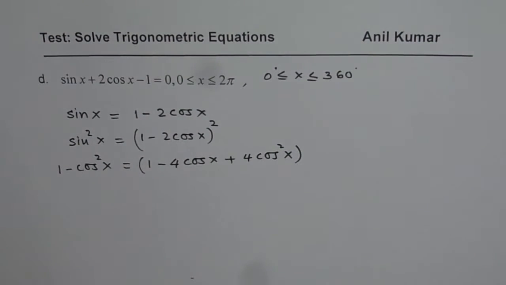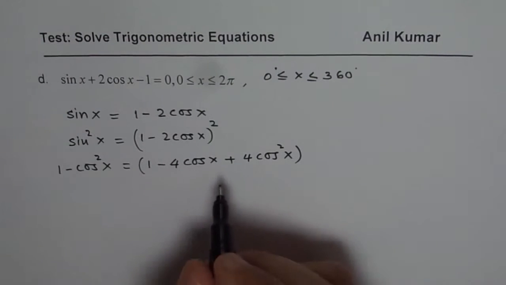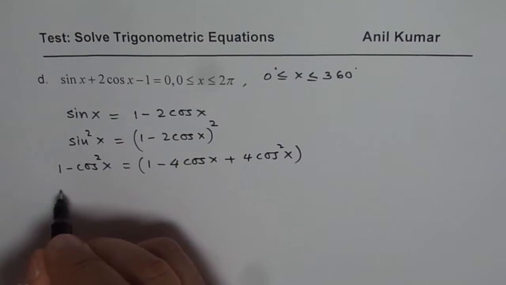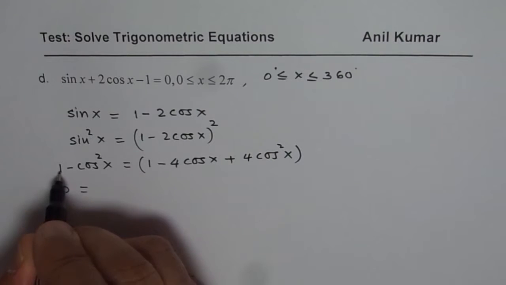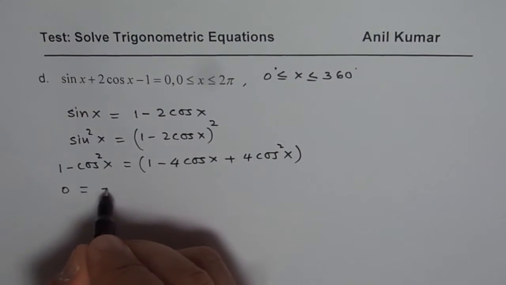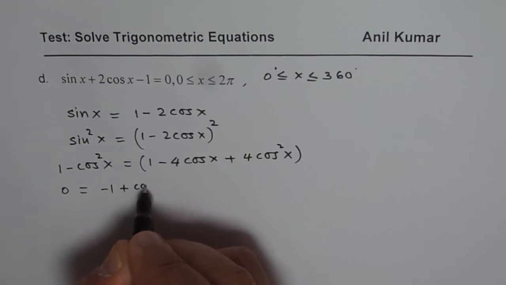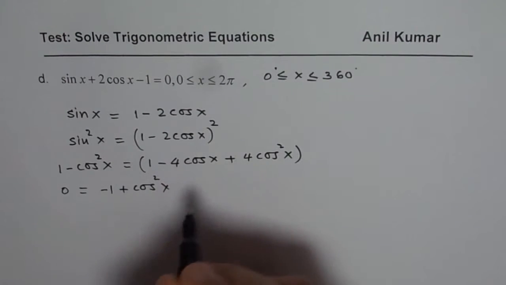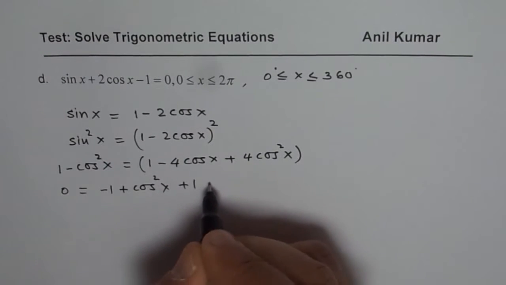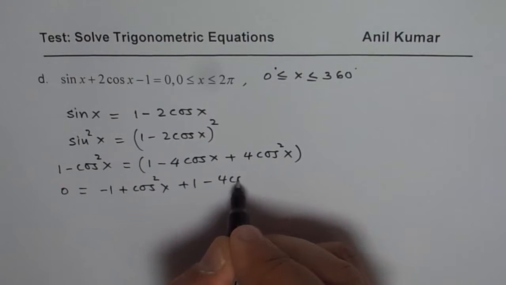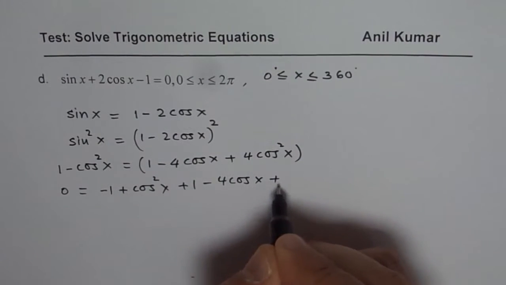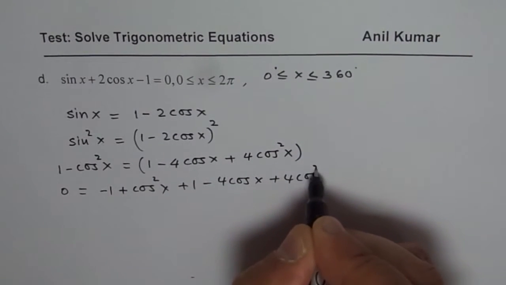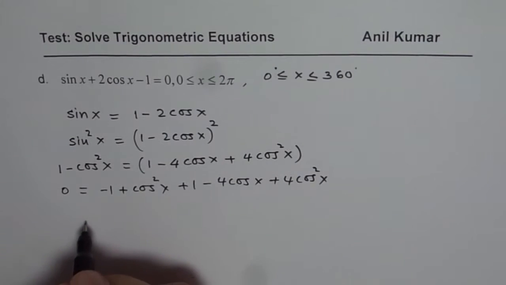Now you can bring all the terms together and then simplify. So we get 0 equals, we'll take 1 on this side, so it becomes minus 1 plus cos squared x, and we'll open this bracket. We have plus 1 minus 4 cos x plus 4 cos squared x. Combine the like terms.